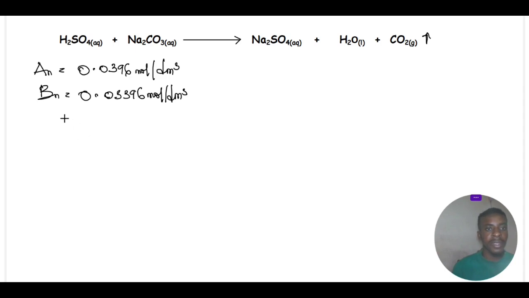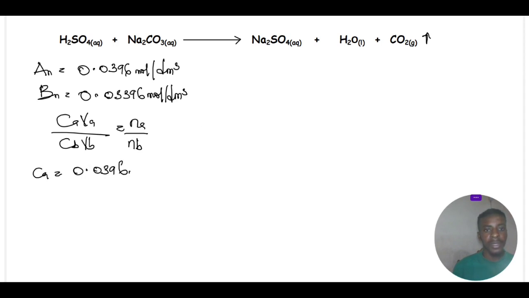So if that's the case, you can use this formula, which is CAVA over CBVB equals NA over NB. Where your CA is the concentration of the acid, 0.0396 mole per dm cube, and your VA is the volume of the acid, which is what we are looking for in this calculation, the average volume of acid used, which is our endpoint.